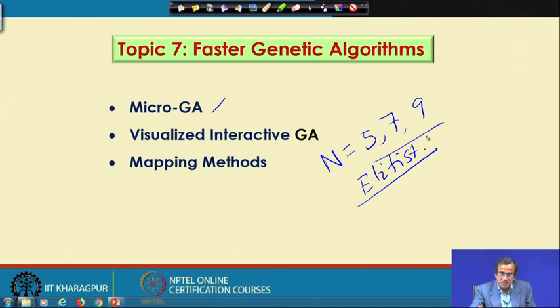By using elitism, we can keep the already found solution in the next generation, and we use this small population just to make it faster and to inject diversity in the population. We take the help of the tournament selection.